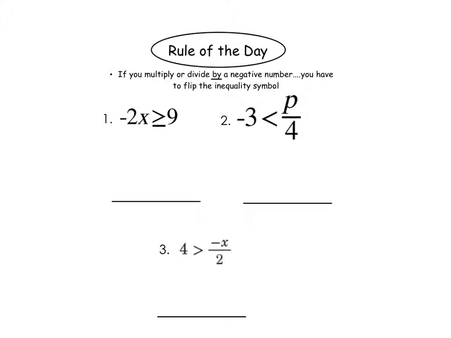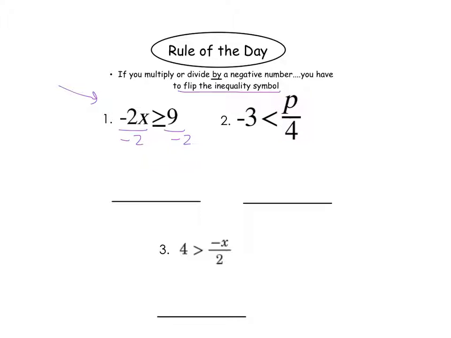Moving on, the rule of the day for this segment of notes is that if you multiply or divide by a negative number, you have to flip the inequality symbol. So let's take a look here at number 1. I want to solve for x, so I'm going to isolate x here. And so -2 is being multiplied by x, so I need to do the opposite of that and divide by -2.